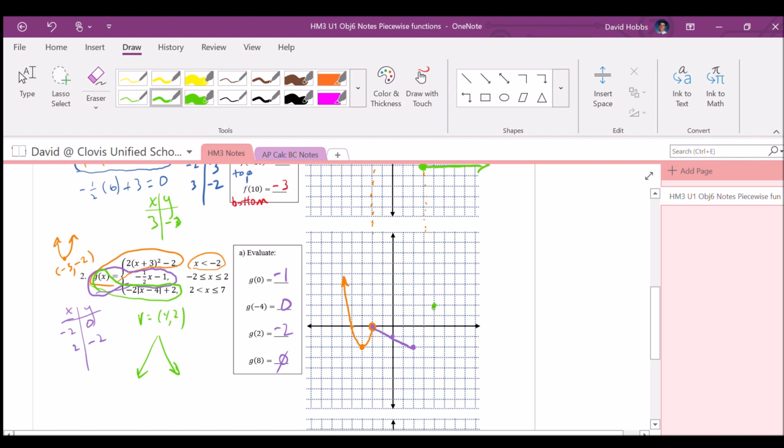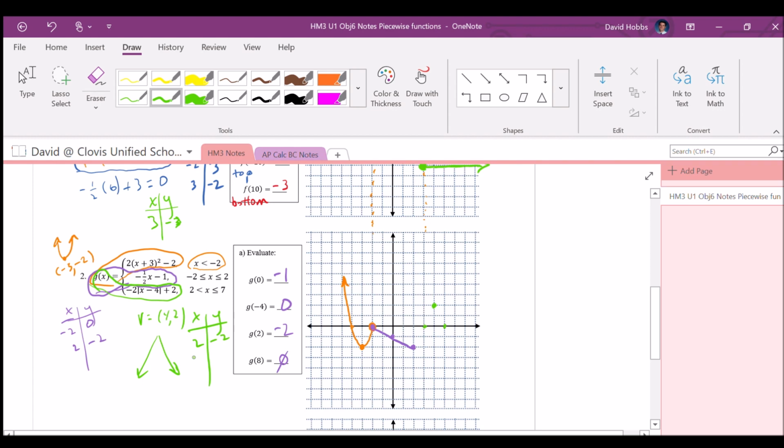We could try going down 2 and over 1. It doesn't hurt to do those. But x and y. So if I input a 2, 2 minus 4 is negative 2, absolute value of it is 2, times negative 2 is negative 4, plus 2 is negative 2.